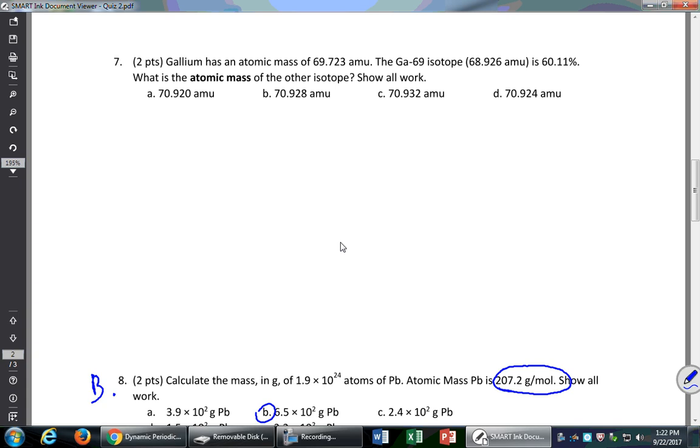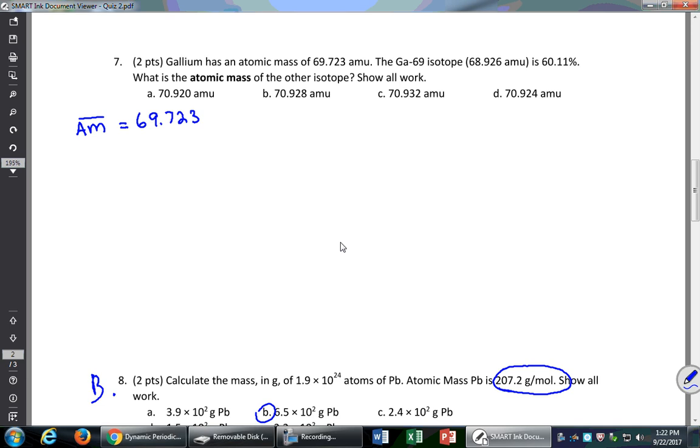So what you're given is, you have gallium, and you're given its atomic mass. This is the atomic mass for all isotopes. It's our average atomic mass. Remember in math, the line on top means average. I'm just going to put atomic mass with the line on top. That's our 69.723. I've got to assume from this particular question and the way it's worded that we only have 2 isotopes.